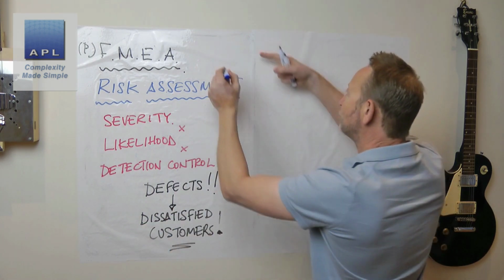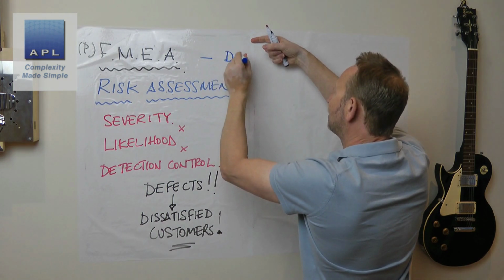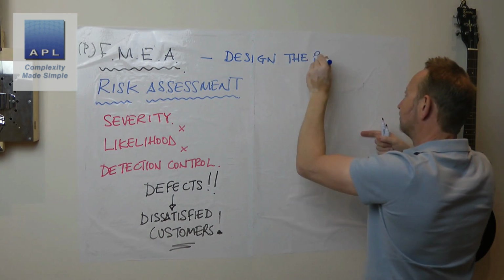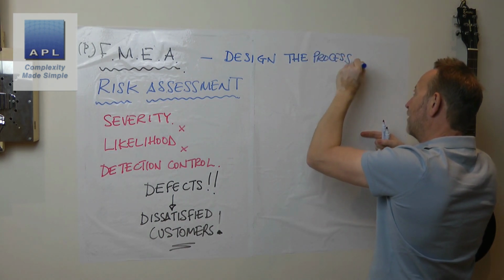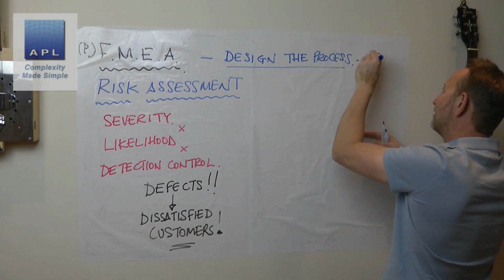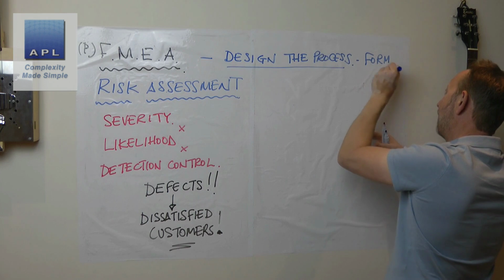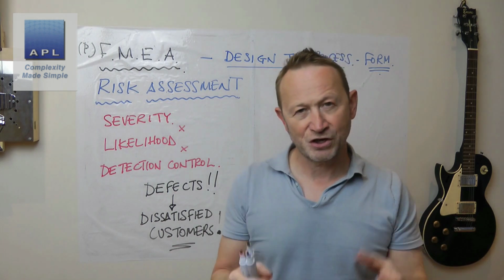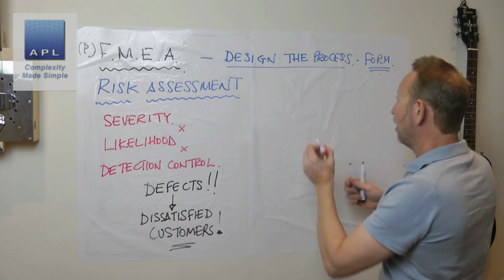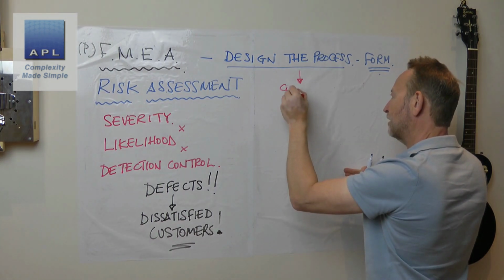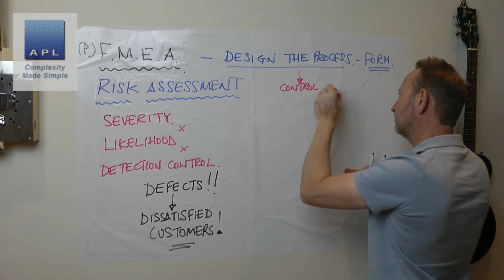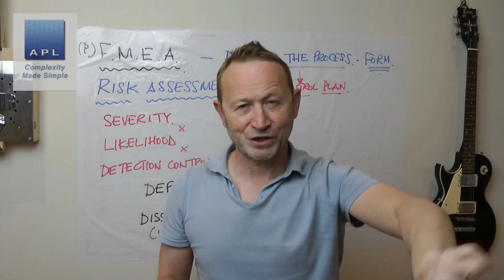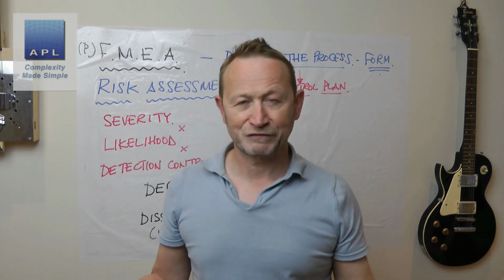What I'm going to get him to do is design the process straight into the FMEA form, and what's going to come out of the FMEA is a control plan, and then when you switch the process on, bang, it's right first time.